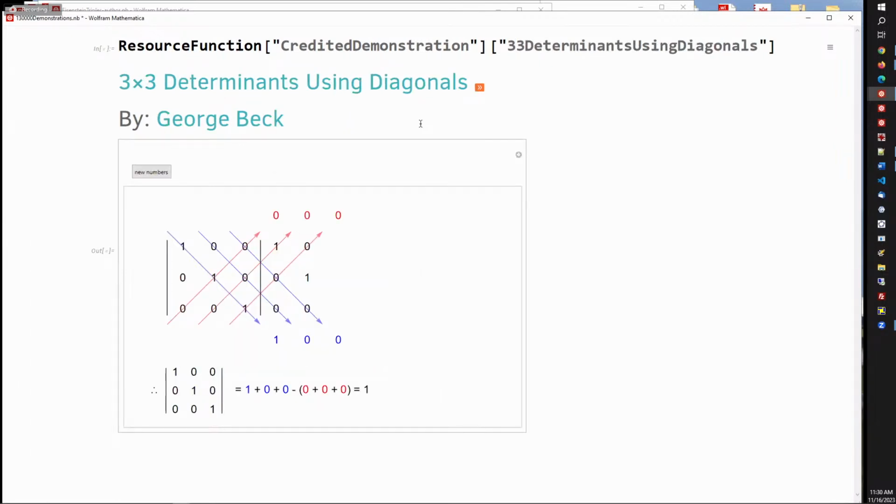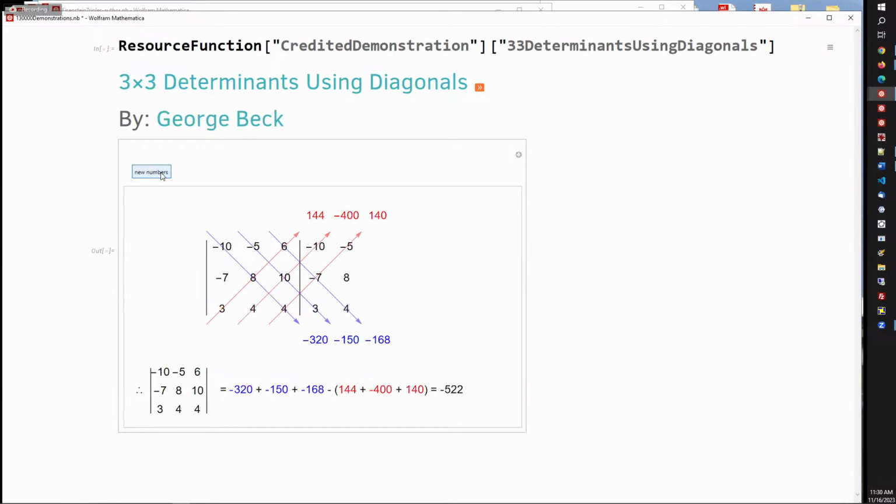A way of finding the determinant of a matrix using diagonals. This is how to do it. If you multiply these 3 numbers, you get 144. These 3, you get 400 minus 400, and these 4, 140. You're just basically repeating the numbers alongside and taking the diagonal products.